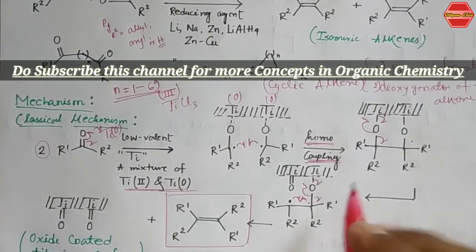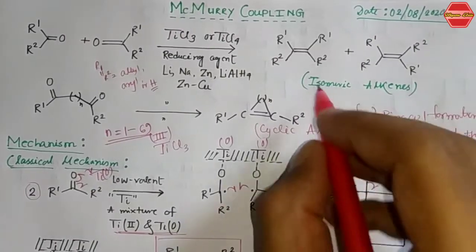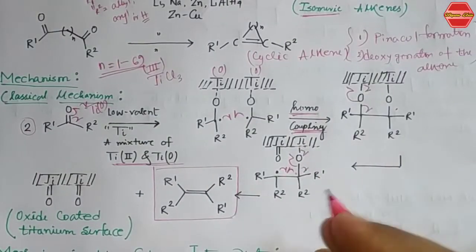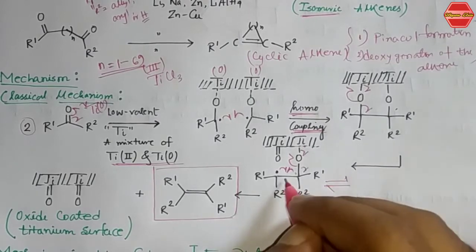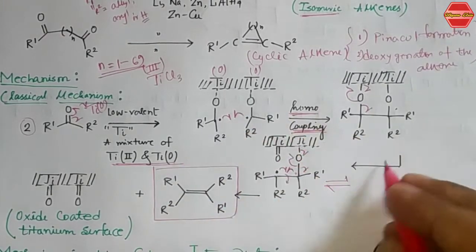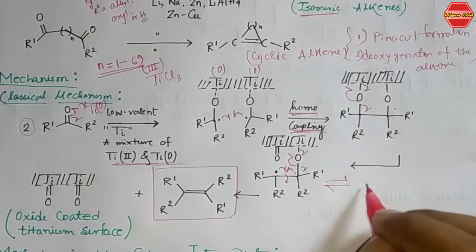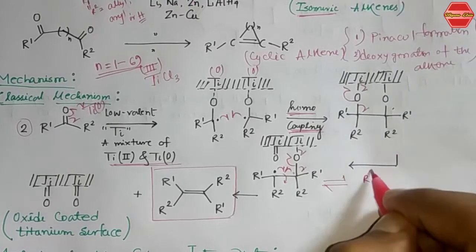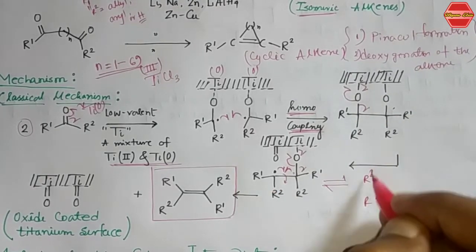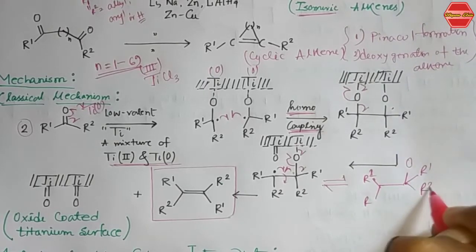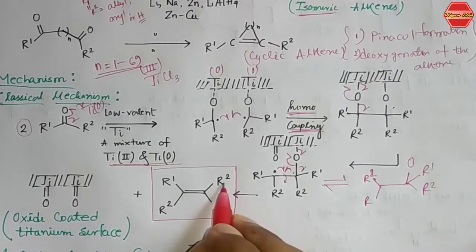Now another thing can happen, I have already written over here, that is basically the isomeric alkene. It can form the isomeric alkene by a simple rotation. If this is a single bond, a C-C single bond, it can rotate. If it rotates, you can see here R1 and R2 change with R2 and R1, and on this oxygen R1 and R2. You can see here R1 and R2 are in the same place.